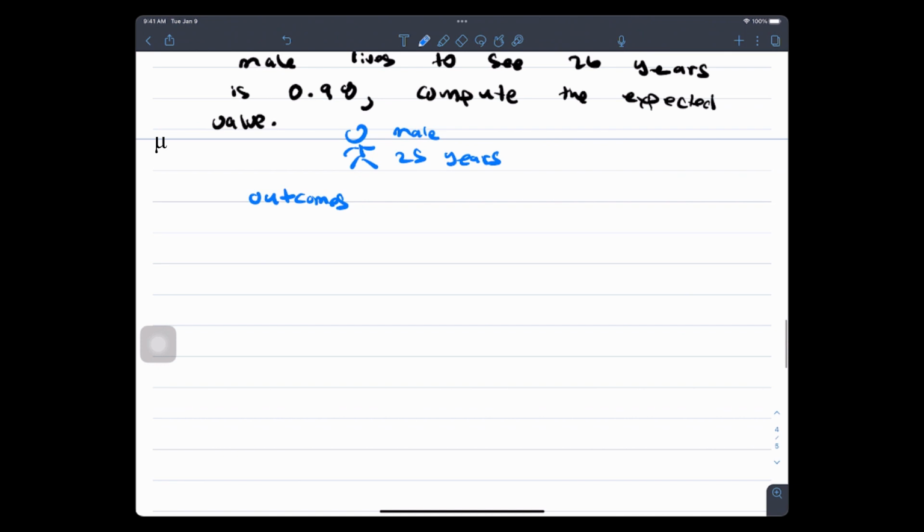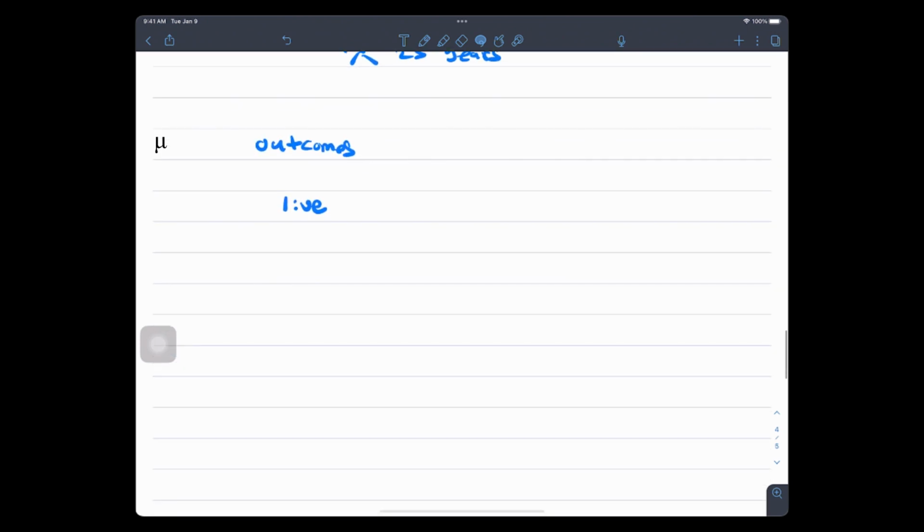So what are the outcomes for that male? You can live, or you can what? Yeah, but let's actually say it this way. You can live, or you cannot live. So there is X probability.